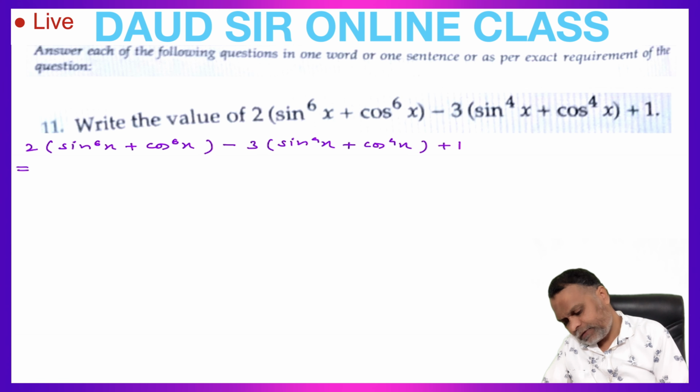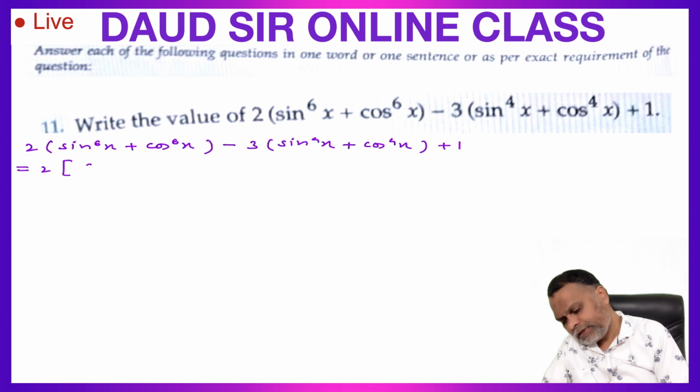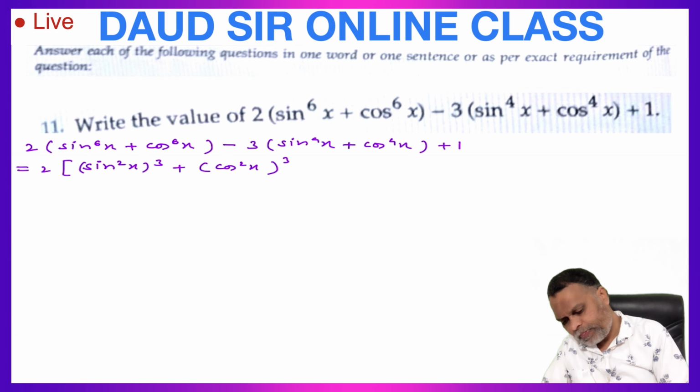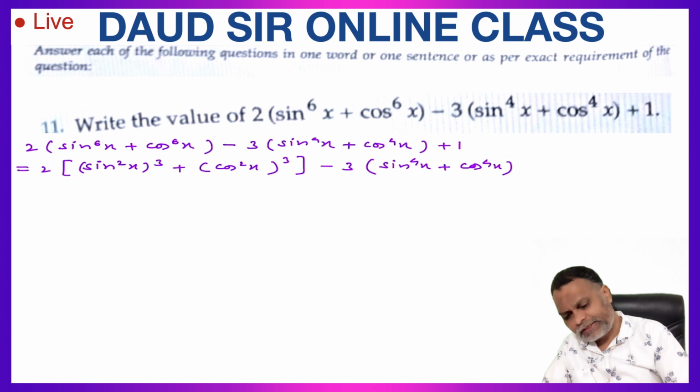So simplify this. The 2(sin raised to 6x plus cos raised to 6x) can be written as 2 times (sin square x whole cube plus cos square x whole cube), minus 3 times (sin raised to the power 4x plus cos raised to the power 4x) as it is.